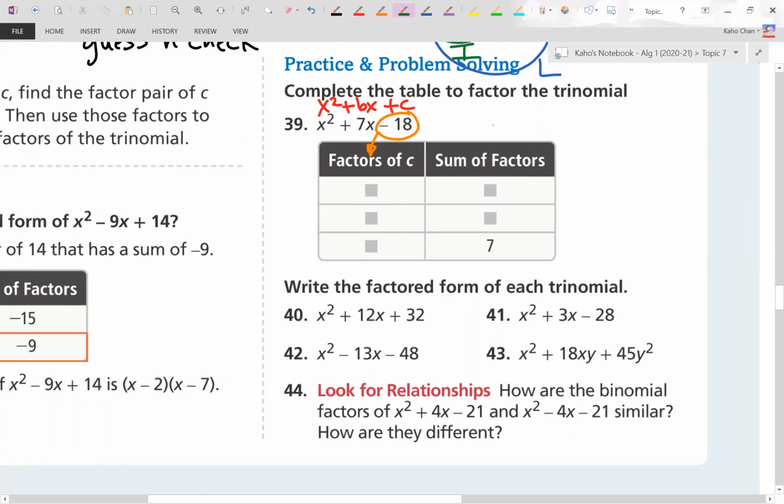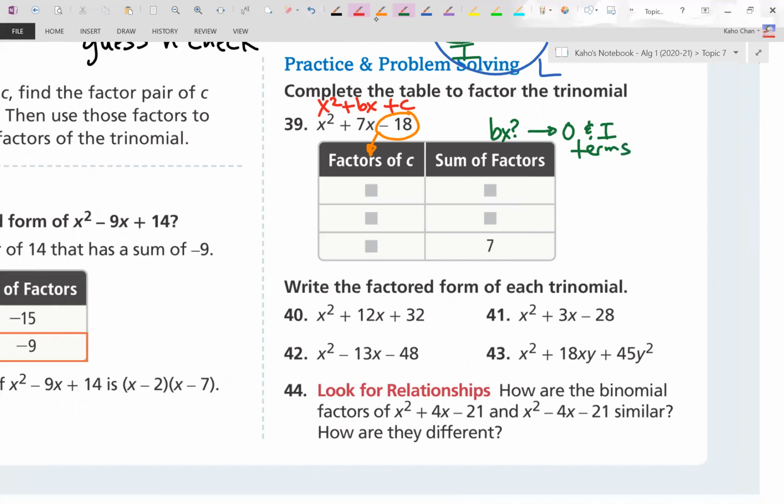Because we're trying to shoot for B, our B term. And the B is made of the outer and inner terms. That's why we're adding them together. That's why. It's the sum. Yeah?